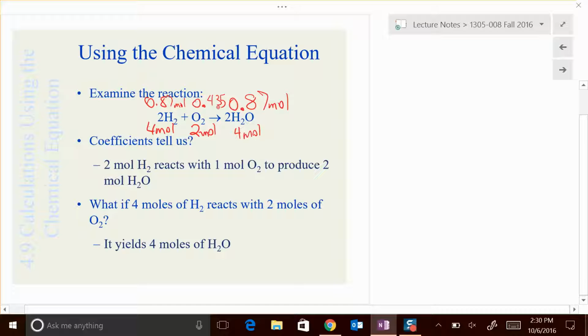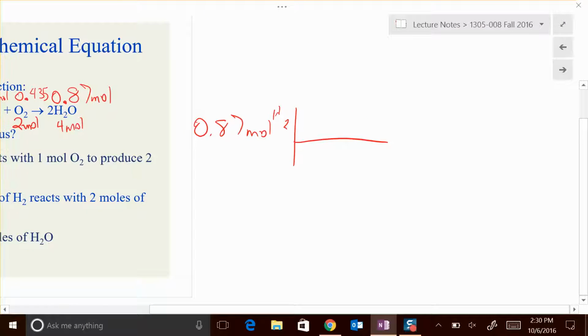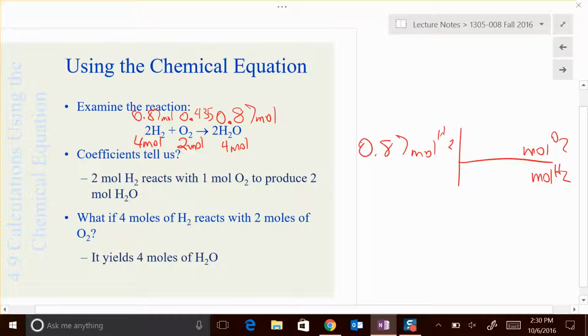Now, let's look at that in a different way. If I have 0.87 moles of H2, and I want to know how much O2 will react with it, then I want to convert from the moles of H2 to the moles of O2. Okay? Well, according to my balanced chemical equation, how many moles of H2 do I have? 2 moles of H2 for 1 O2.